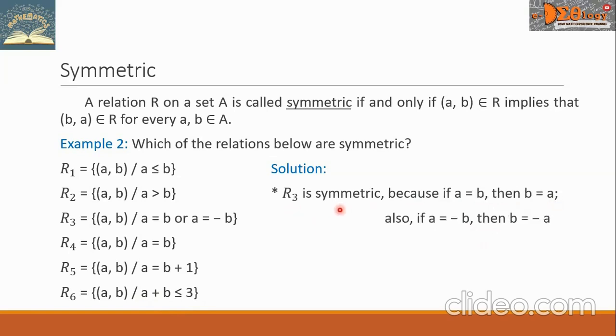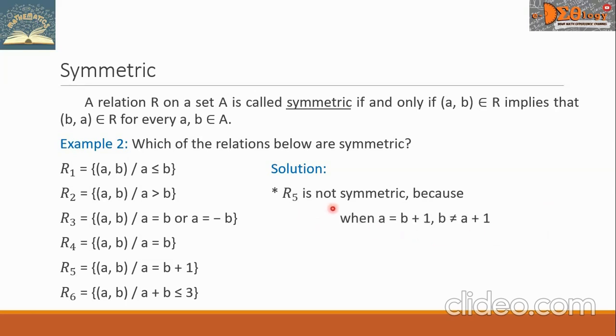Relation 3 is symmetric because if a equals b, then b equals a. Also, if a equals negative b, then b equals negative a. Relation 4 is symmetric because if a equals b, then b equals a.